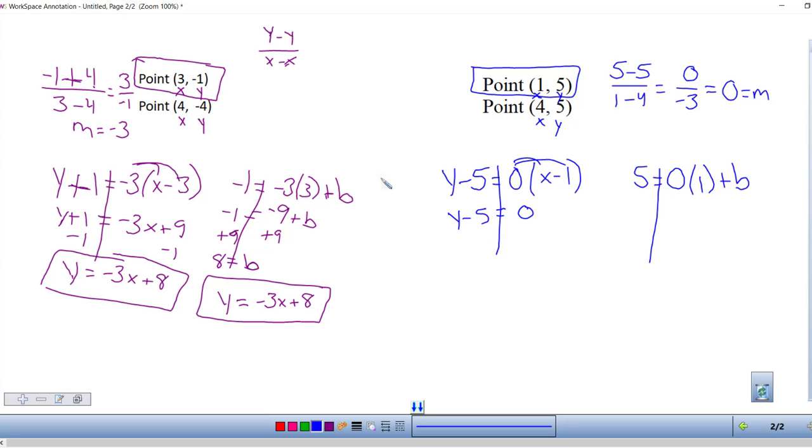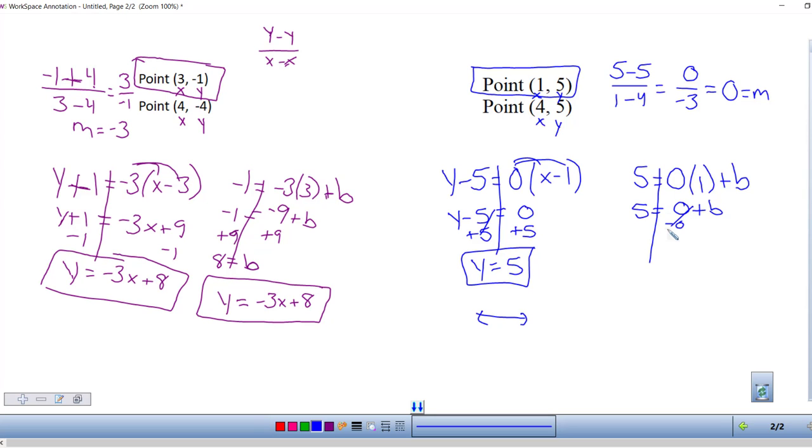And I have y minus 5, so the opposite would be plus 5, and I get y equals 5. Notice this looks a little bit different than y equals mx plus b, but we've talked about this before. Whenever the slope is 0, we're not going to see the x. We're going to have this horizontal line when we graph it, y equals 5, 0 slope, we don't see the x, there's no slope.